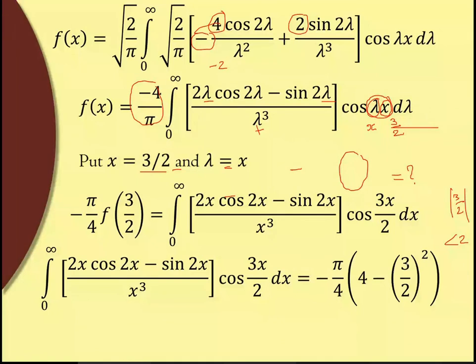So it becomes 4 minus 3 by 2 square. Simplify it, 3 by 2 square becomes 9 by 4. 4 minus 9 by 4 becomes 16 minus 9 by 4, so that gives us 7 by 4. And then multiplication by minus pi by 4 gives us the answer, minus 7 pi by 16.